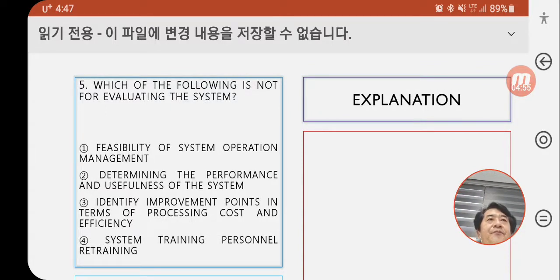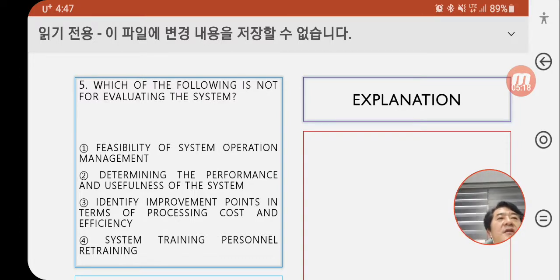Which of the following is not for evaluating the system? Number 1, feasibility of system operation management. Number 2, determining the performance and usefulness of the system.